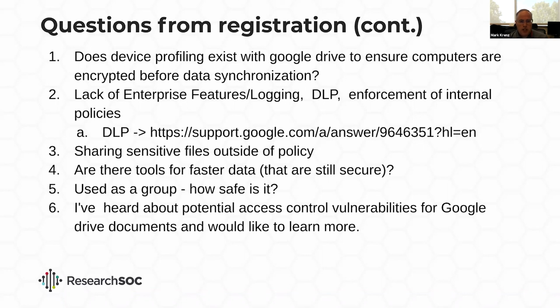Lack of enterprise features, logging, DLP, enforcement of internal policies. So this is more just a statement about this. There are options for doing data loss prevention. There's a link here that will be in the slides that will go out, where it talks more about what you can do for data loss prevention. There's also ways of seeing whether a file has been accessed.